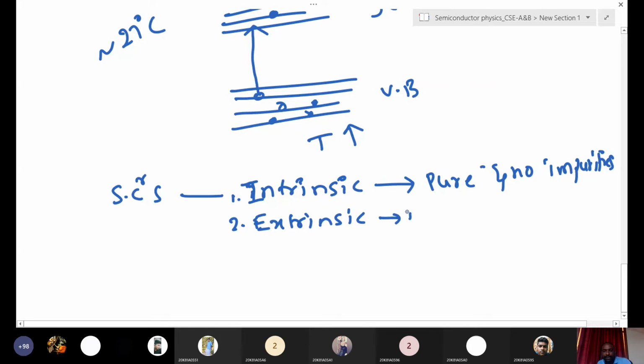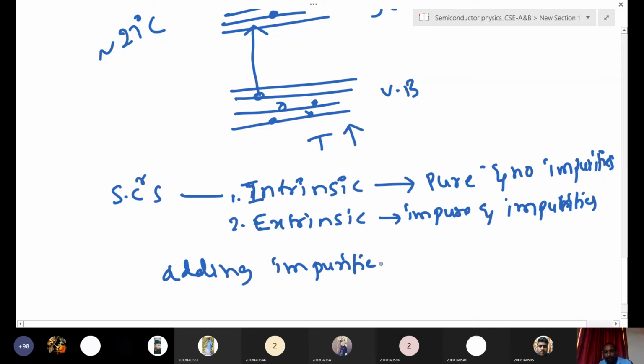Extrinsic means it is impure. Doping is applied. Impurities are being added. Impurities are some other atoms, other elements. So why are we adding impurities, or doping?